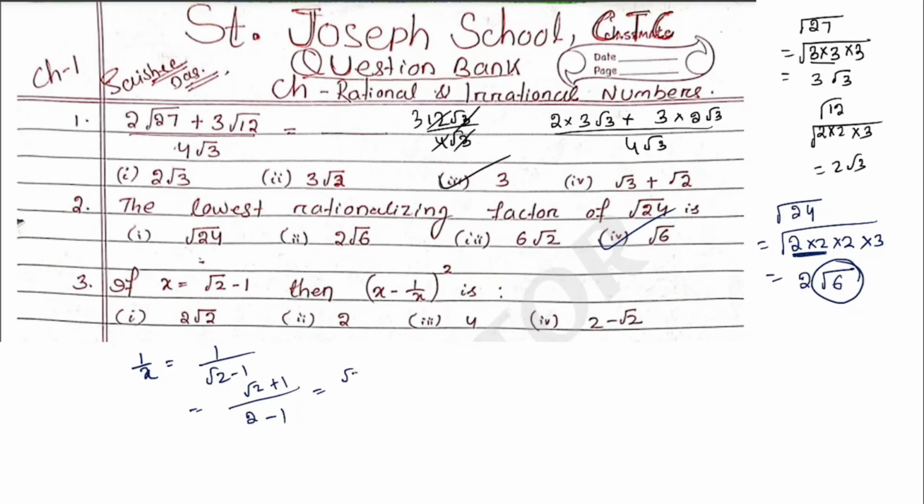So 1 by x is root 2 plus 1. Now write root 2 minus 1 minus (root 2 plus 1), because with minus the sign changes, the whole square. So root 2 cancels, minus 1 minus 1 is minus 2, square equals 4. Option number 3. All of you understand?